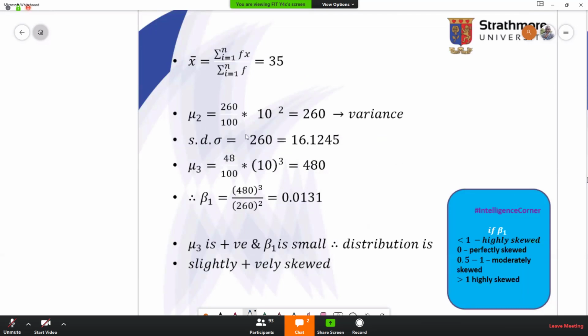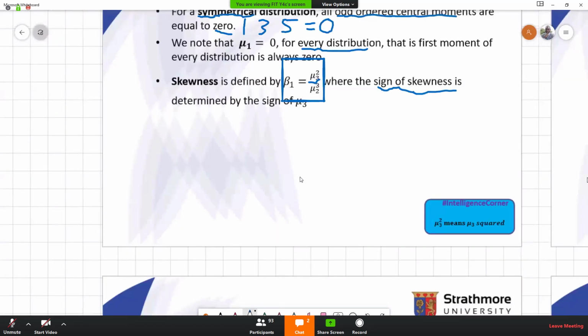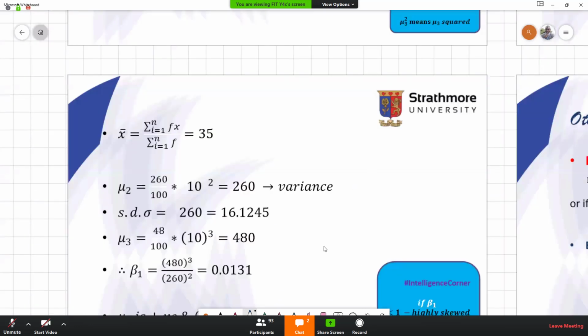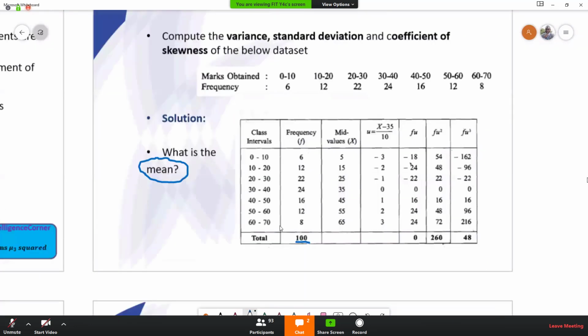Number two, the second moment is made up of, if you can remember, the formula is here.